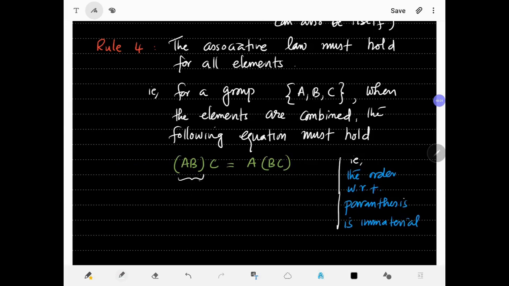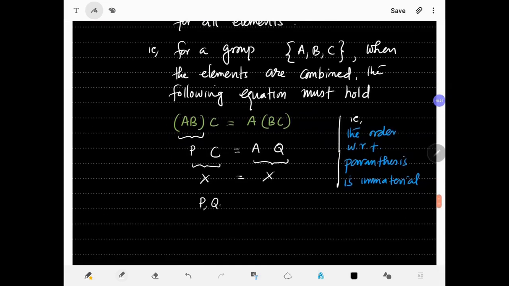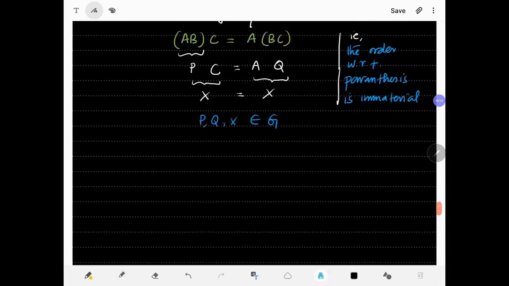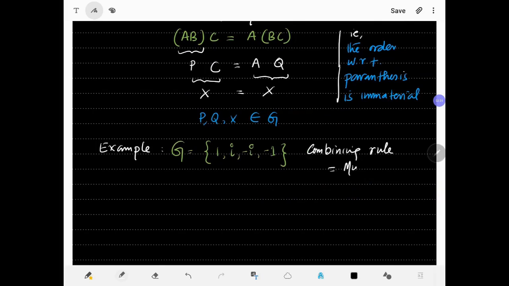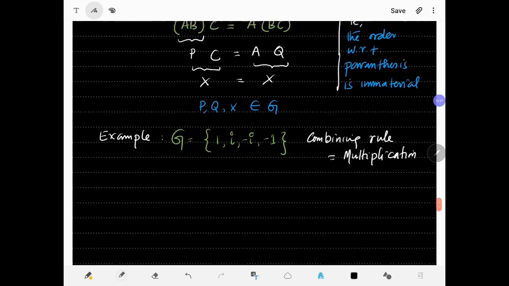Now suppose the combination of AB gives P and the combination of BC gives Q, then this rule says ultimately P combined with C should be equal to A combined with Q, and P, Q, C should all be members of the group. Now let's bring back our previous example of 4 elements, 1, I, minus I and minus 1, and the combining rule is multiplication. You try to prove the associativity law here.